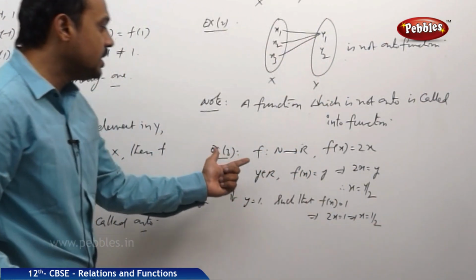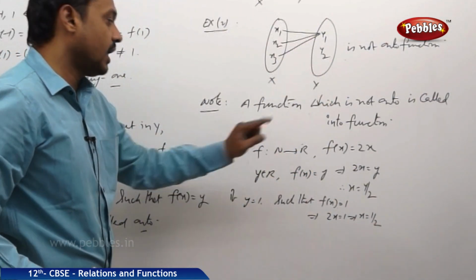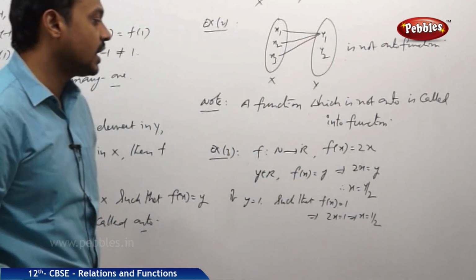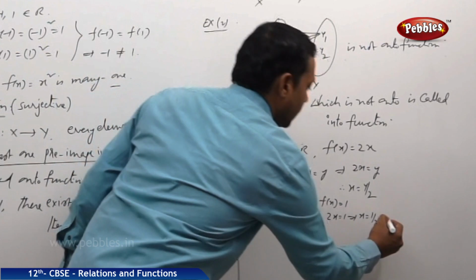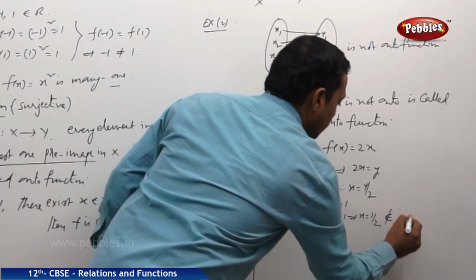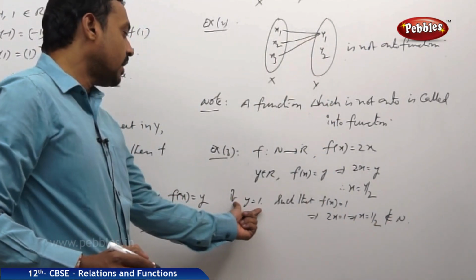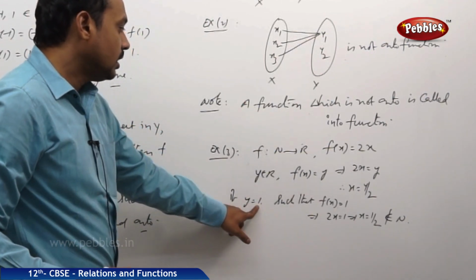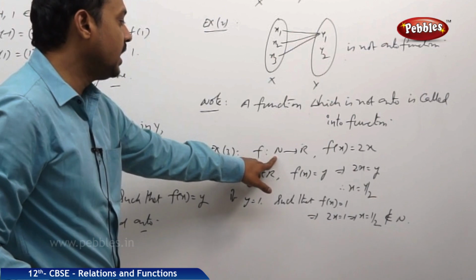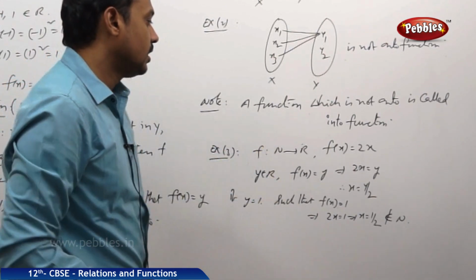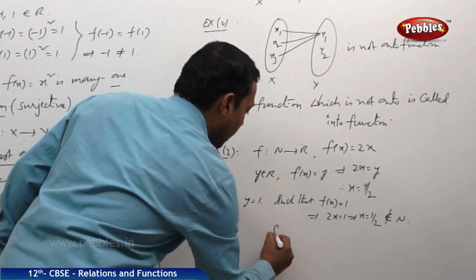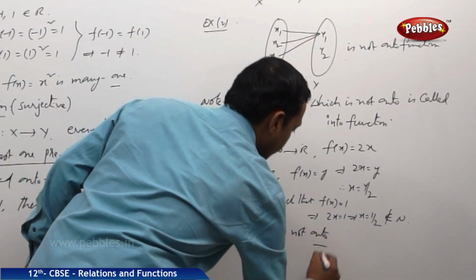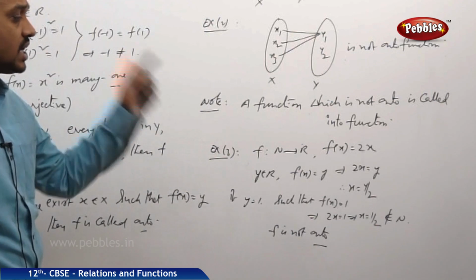But 1 by 2 is not in the domain N, because N is the set of natural numbers, and 1 by 2 is not a natural number. Hence, it does not belong to N. So y is equal to 1 belongs to R, but this 1 does not have any pre-image in the domain N. Therefore, this function f is not onto, or not a surjection.